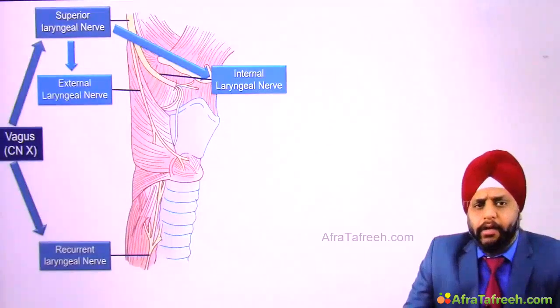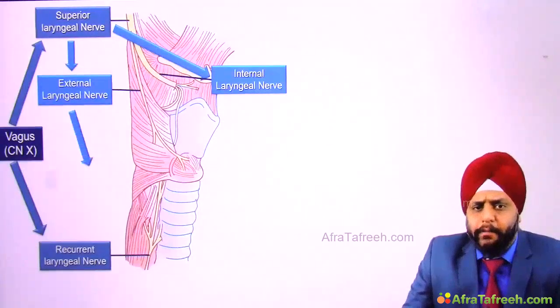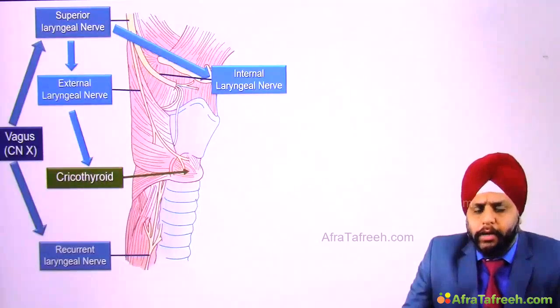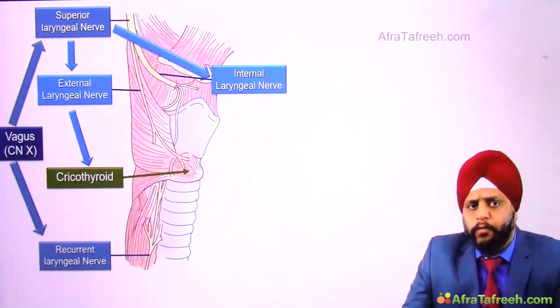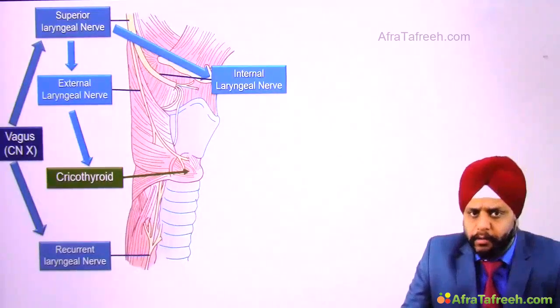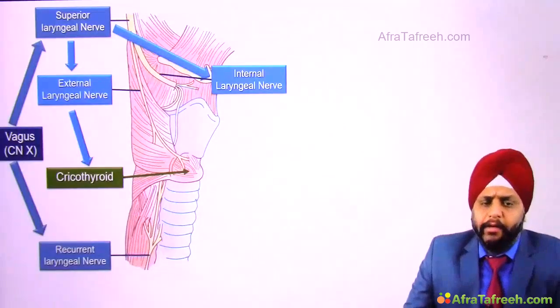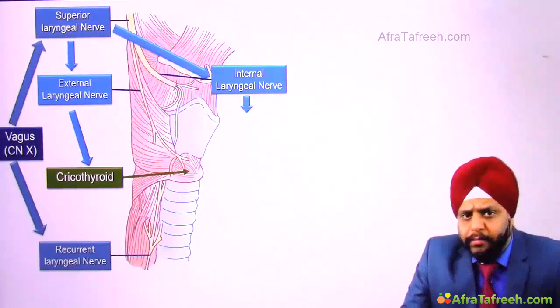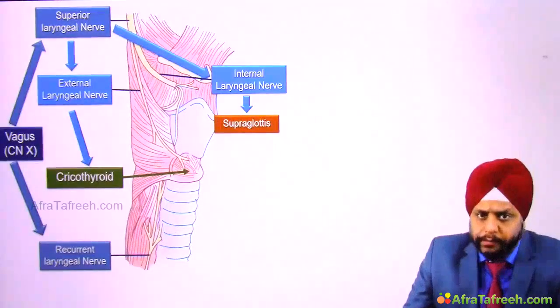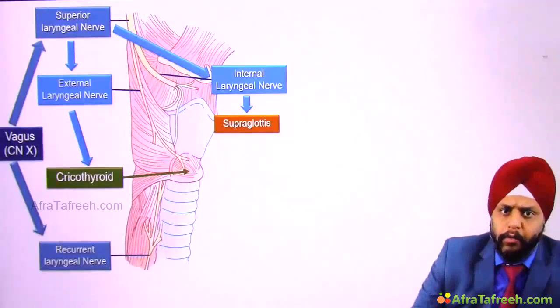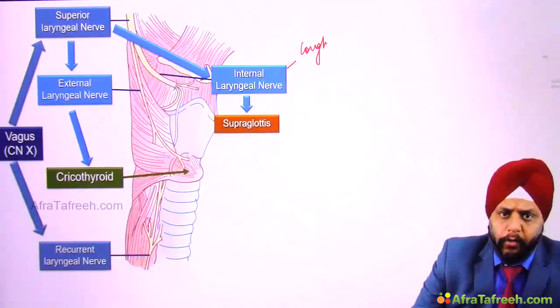Now the external laryngeal nerve stays outside and supplies the cricothyroid muscle. Remember, it is the only muscle formed by the fourth arch and supplied by the superior laryngeal nerve. The internal laryngeal nerve goes inside the larynx and gives sensory supply to the supraglottis. Okay, so remember, we have a cough reflex over here.